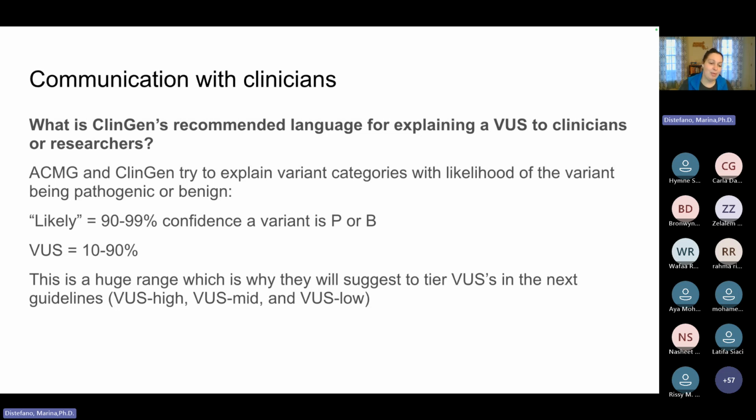I think I have the publication on another slide, but there was a very thorough analysis done of laboratories who have sub-tiered their VUSs for 10 to 14 years, and they have found that VUS lows get downgraded and VUS highs historically get upgraded over time. And so that's why this has been really helpful for them, because it also prioritizes which VUSs you might want to reevaluate over time.